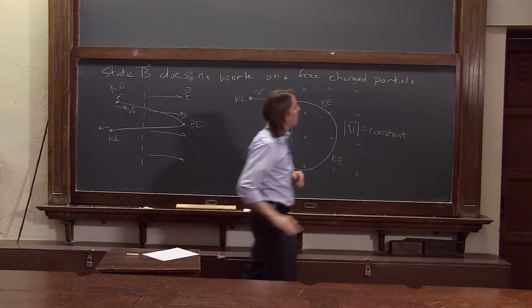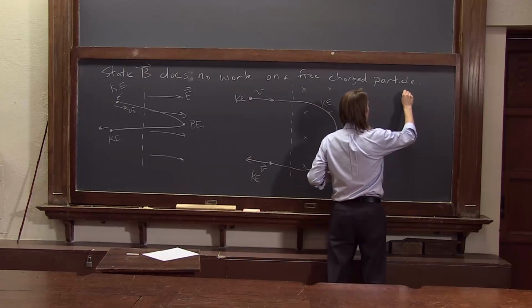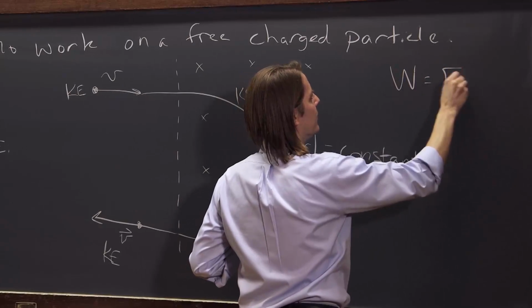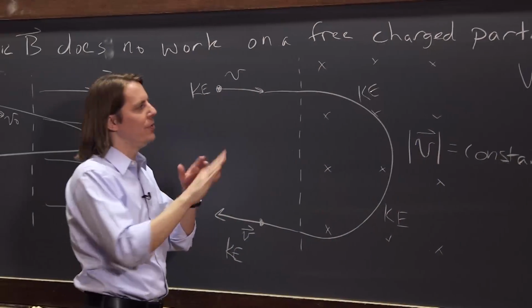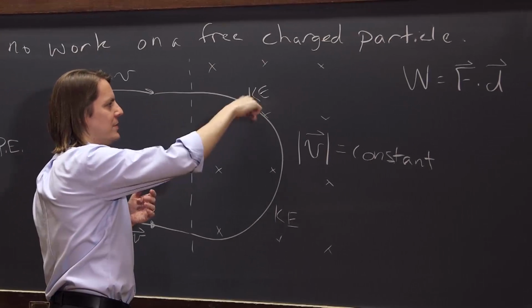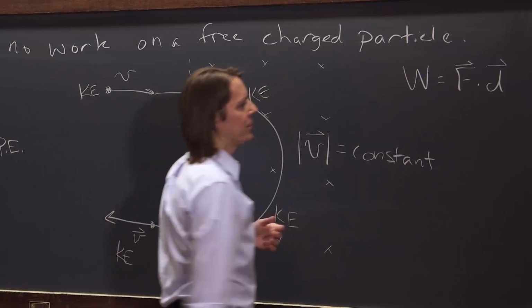We can look at the reason mathematically for a minute. Remember that if you want to do work, it's the force dotted with the displacement, and the reason it's zero is you're always displacing perpendicular to your force. That dot product is zero.